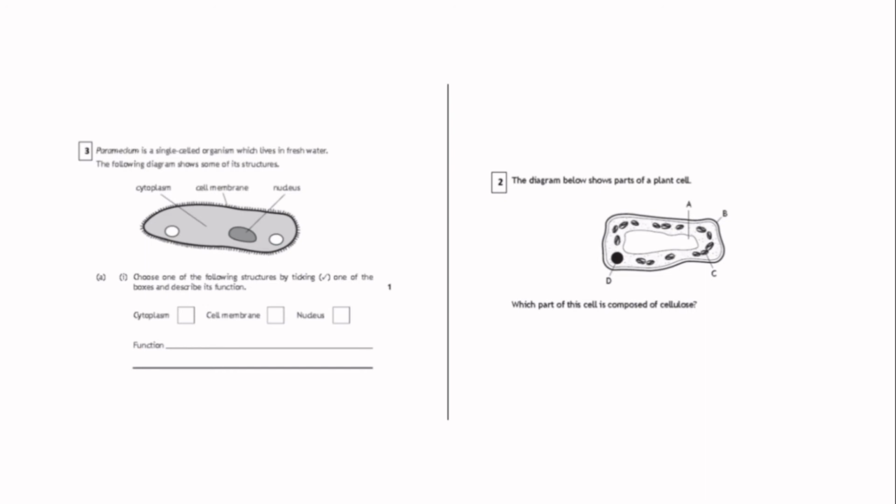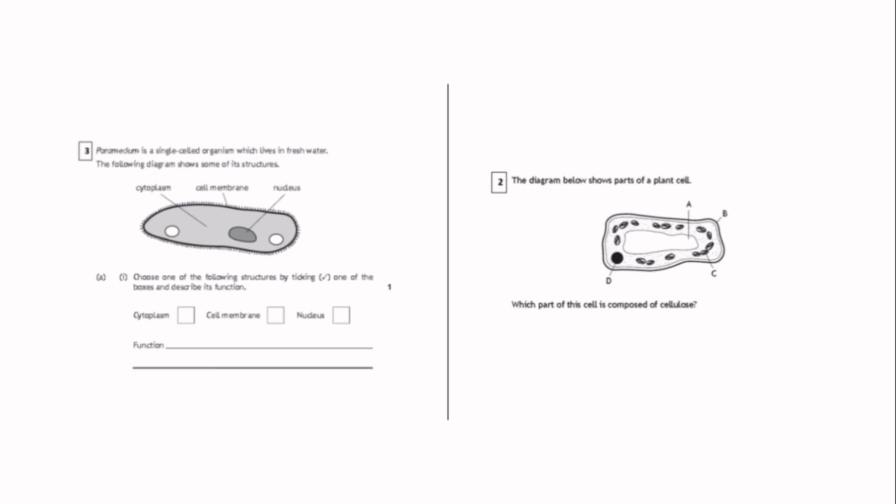Number 2 is actually on the right, this one here. It says the diagram below shows part of a plant cell. What part of the cell is composed of cellulose? This is a plant cell, so we know that cellulose is in the cell wall. Number 3 says Paramecium is a single-celled organism which lives in fresh water. The following diagram shows some of its structures: the cytoplasm, the cell membrane, and the nucleus.